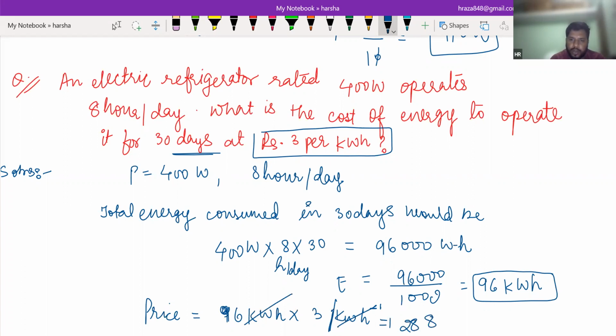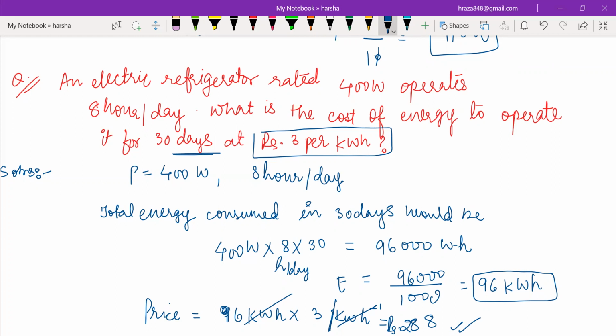So rupees 288. So we need to pay the electric bill of rupees 288. If you have any doubt in this, please let me know. So done. Any doubt? No.